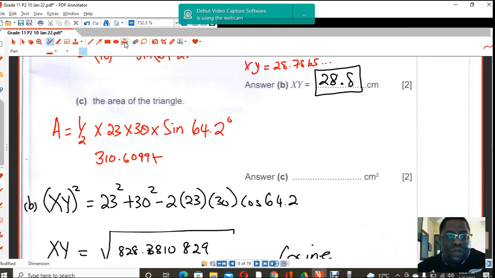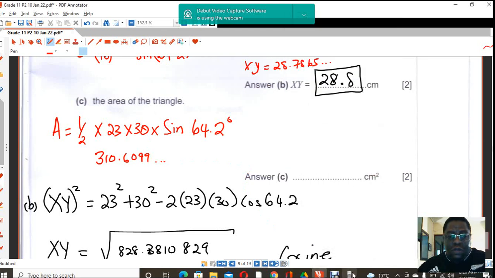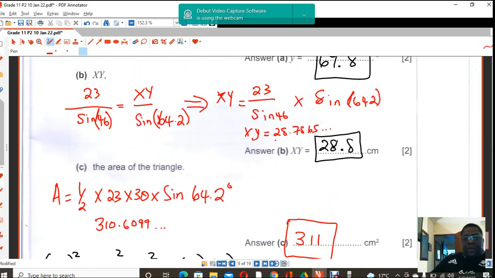Okay, and then to three significant figures, it becomes 311 square centimeters. Okay, right.